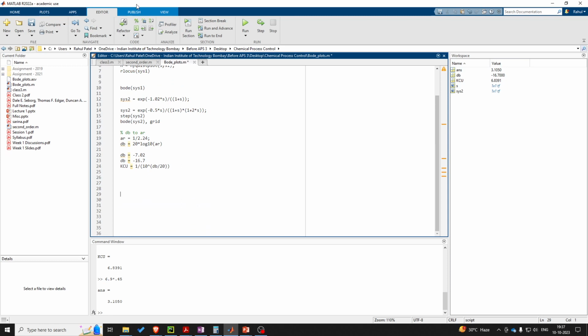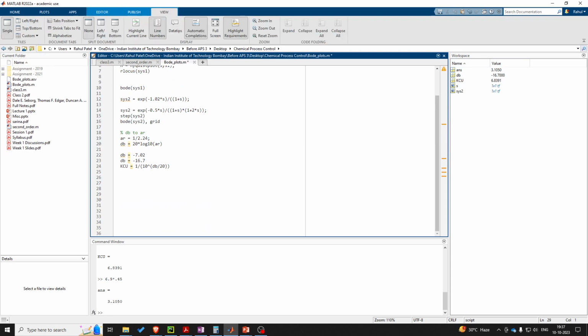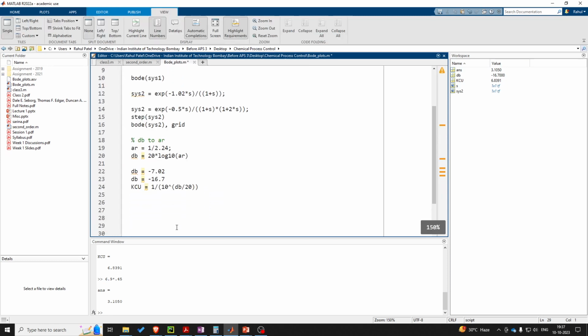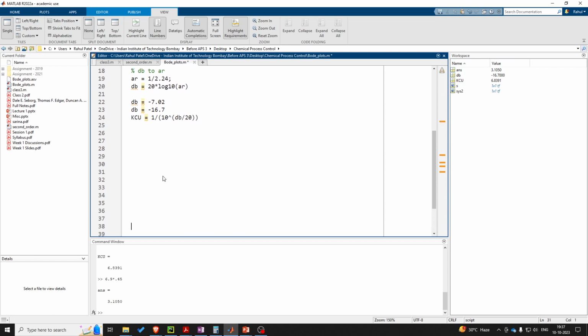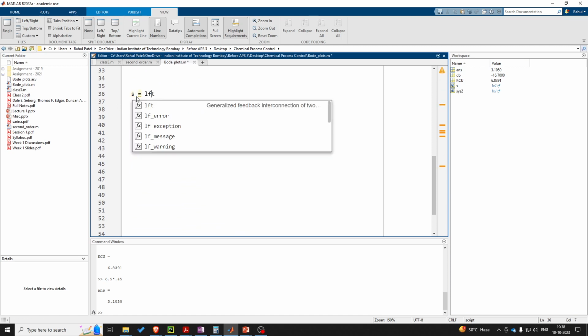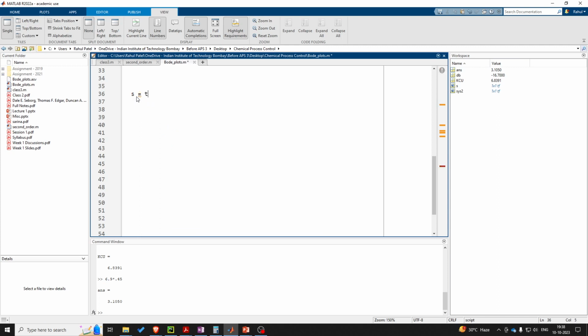First we'll just define our Laplace domain variable, that is tf of s, that is the function that we will be writing will be in s domain.